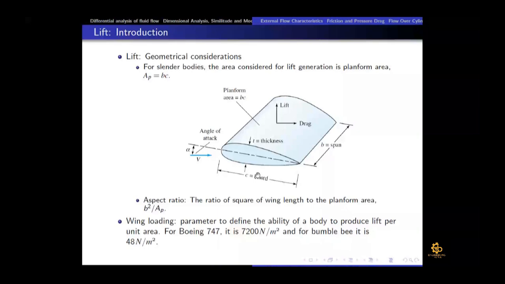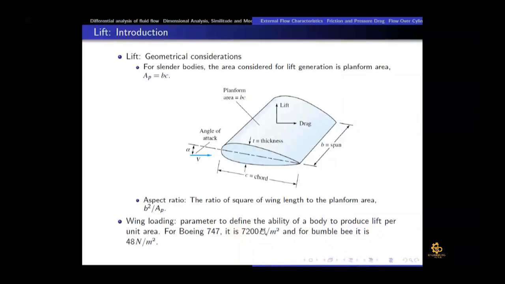So wing loading is a parameter which we define to characterize how much lift is produced per unit area. For Boeing 747, which is a commercial aeroplane, the wing loading is 7,200 Newton per meter square. So it means that for 1 meter square of wing planform area, we would have 7,200 Newtons of lift force.